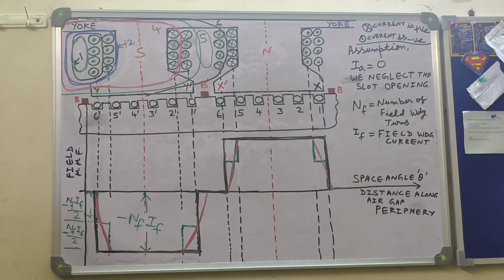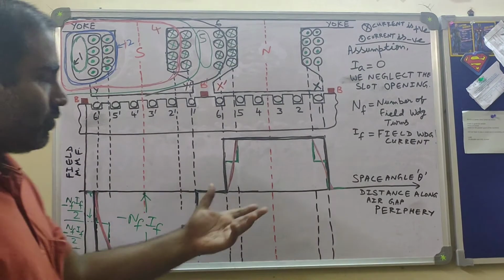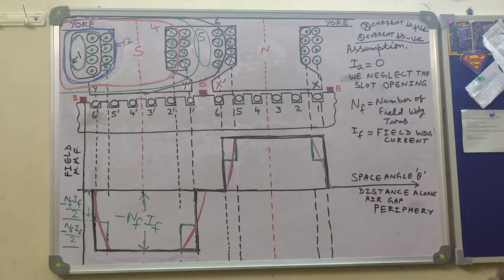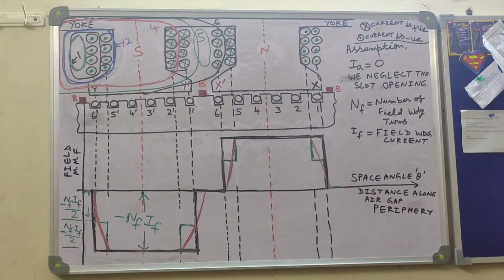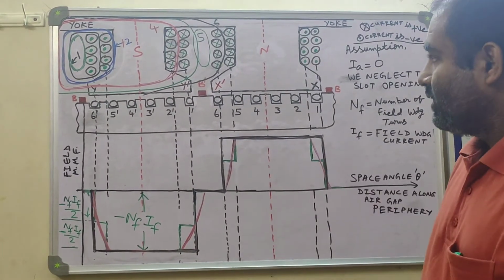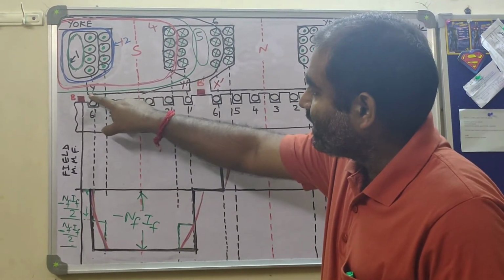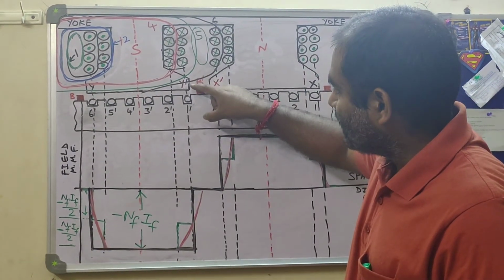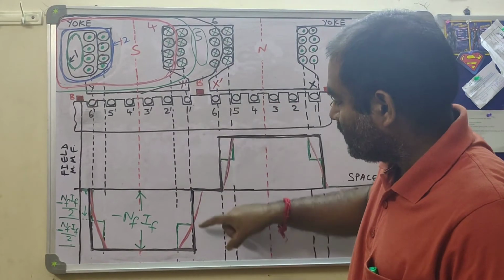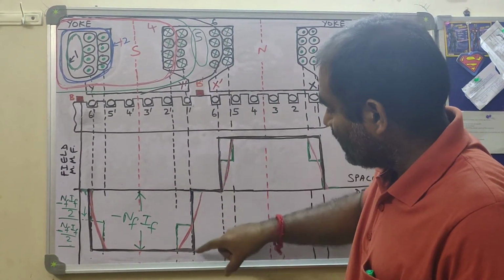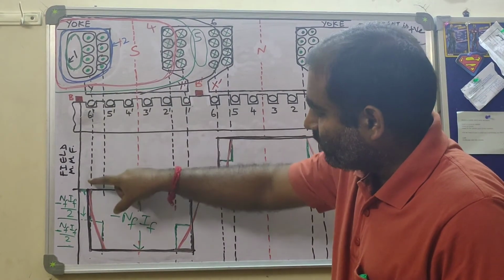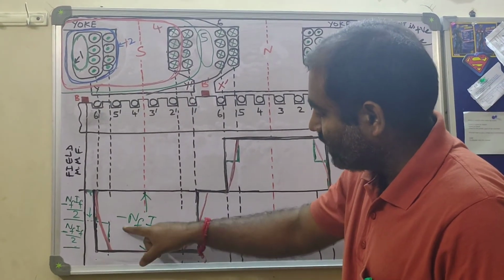So this is also an approximation, where the field MMF variation is represented as a step rise at pole tip y and a step fall at pole tip y dash. At pole tip y dash MMF falls to 0, and at pole tip y MMF rises to minus NFIF.